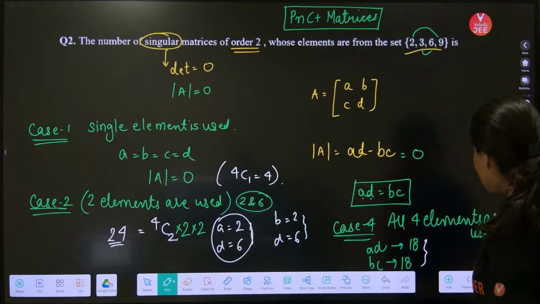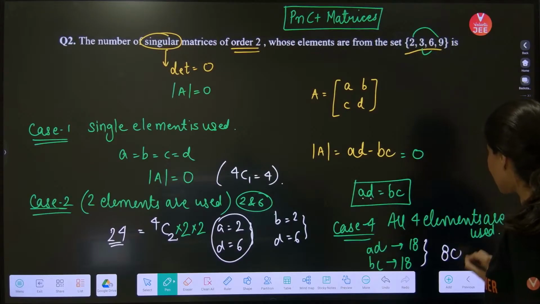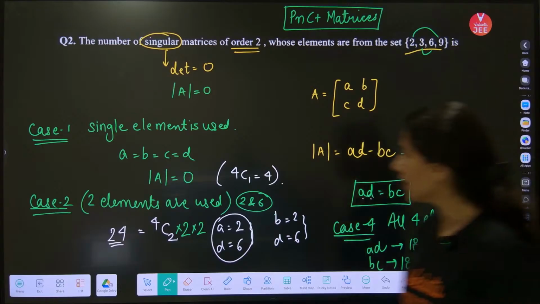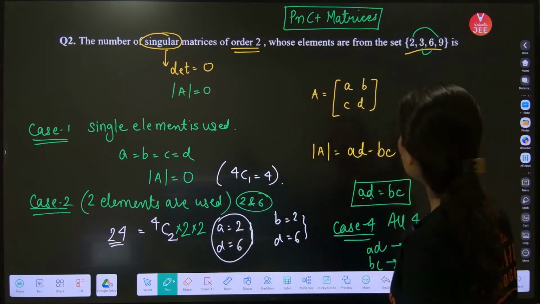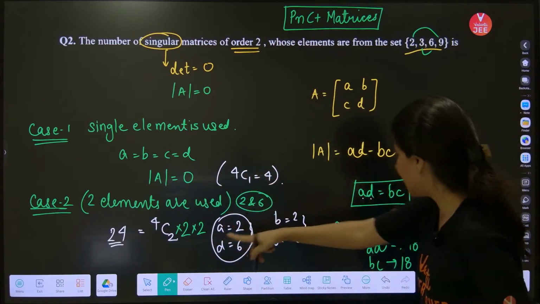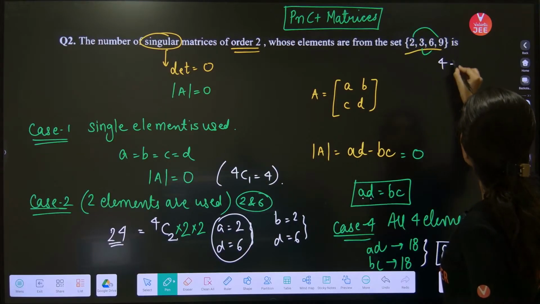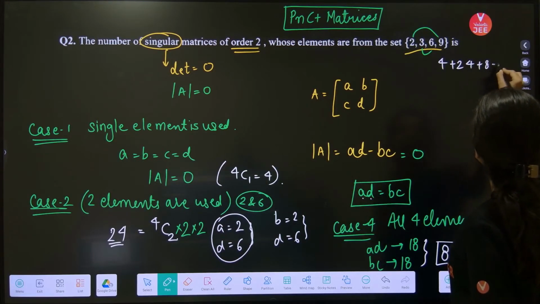So case 4 is having how many? 8 cases. I explained to you how. So now just add. So the final answer would be 4 plus 24 plus 8. So 4 plus 24 plus 8 is equal to 36 such cases will be there.